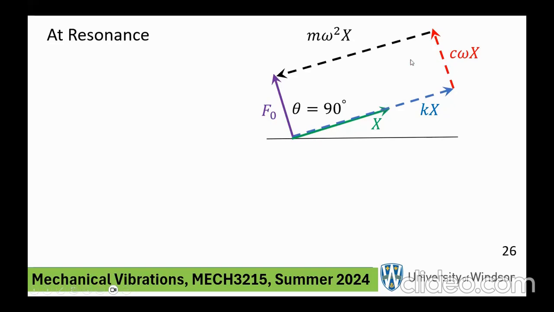There are other ways of saying this. For example, we can say that all the external energy provided by F, that harmonic force, is absorbed by the damper. It all goes into the damper. Whatever comes into the system, it all goes into the damper.